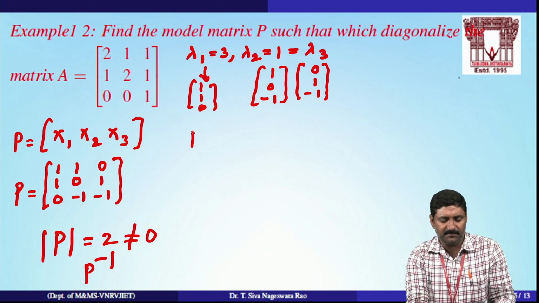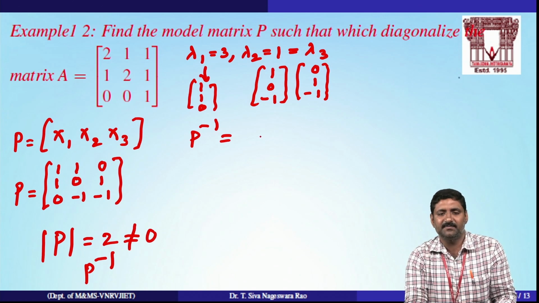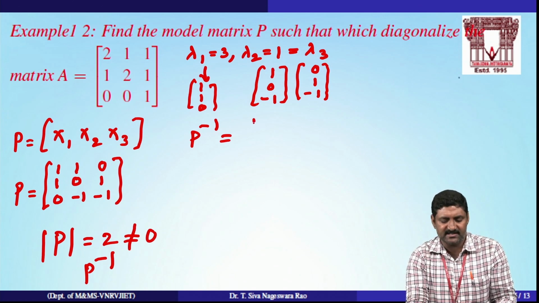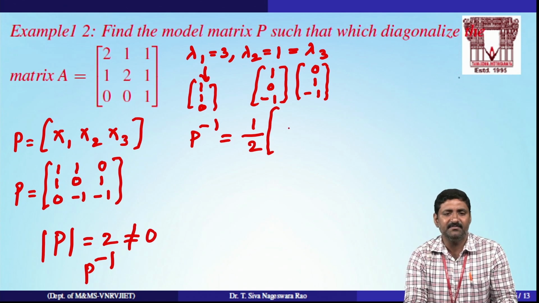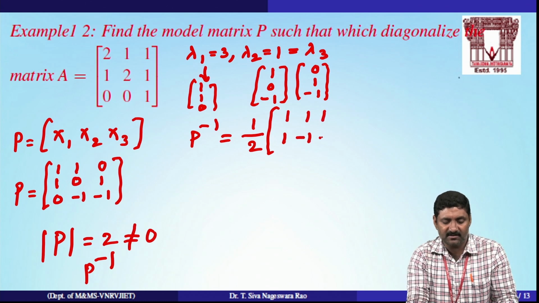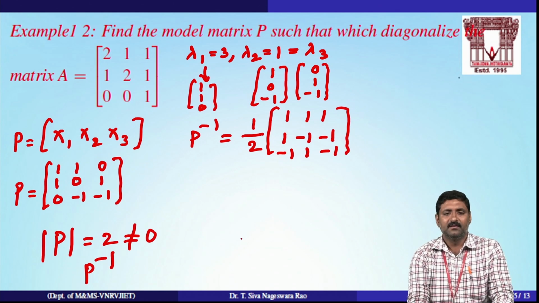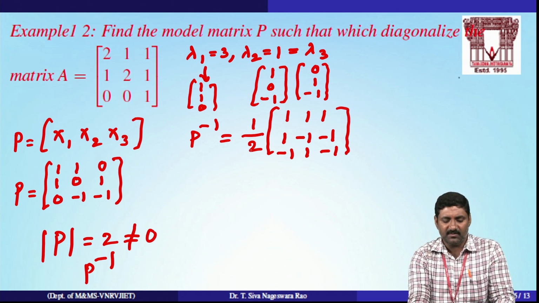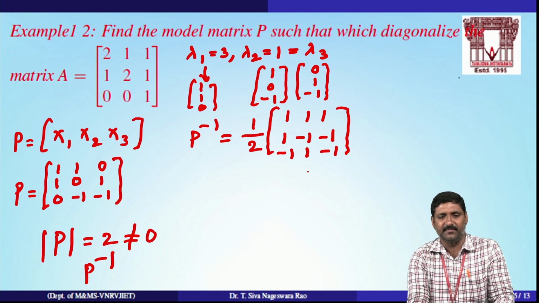So, capital P inverse is equal to 1 by det P multiplied by adjoint P. What is det P? It is 2. So 1 by 2 multiplied by the adjoint matrix, which is 1, 1, 1, 1, minus 1, minus 1, minus 1, 1, minus 1. So, this is P inverse, 1 by det P multiplied by adjoint P.